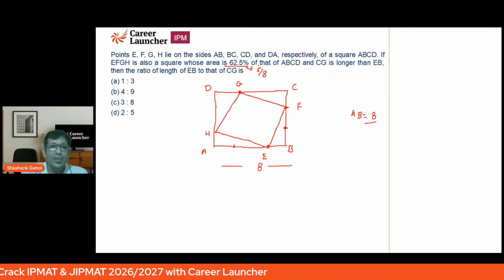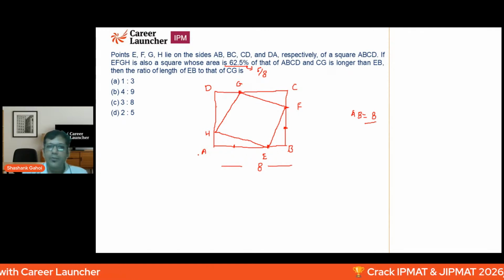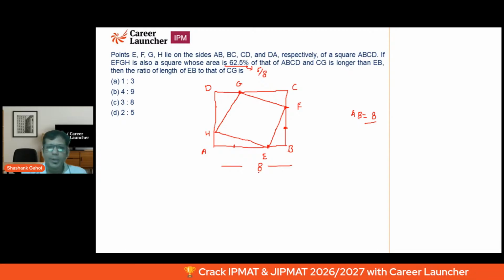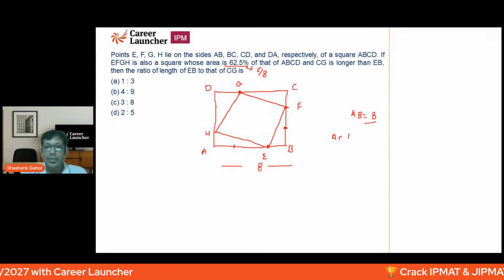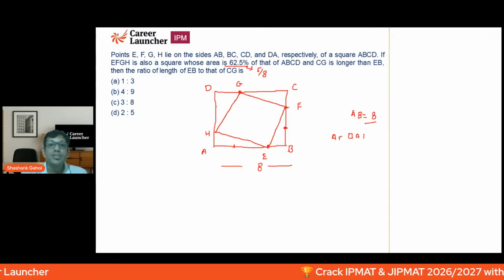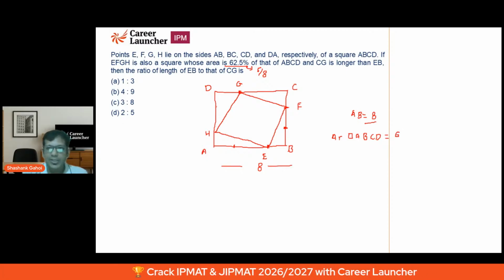Because the area of EFGH is 5 by 8 of this area, so the area of ABCD should be a multiple of 8. If AB is 8, the area of square ABCD is going to be 8 squared, that is 64.